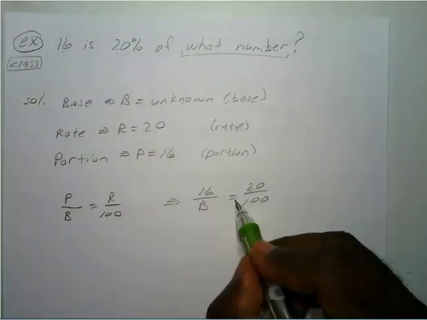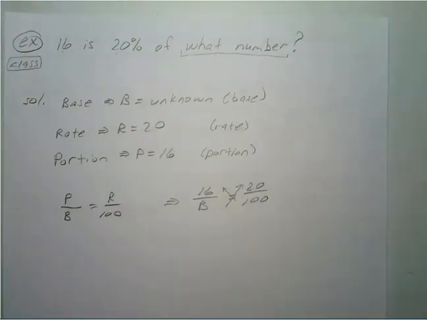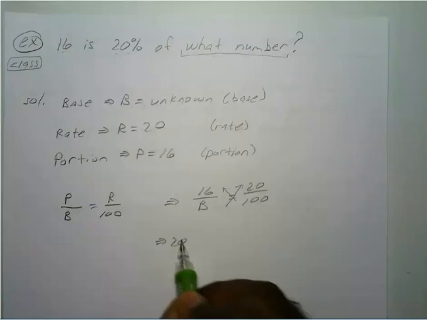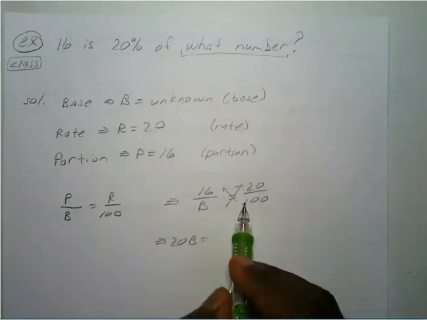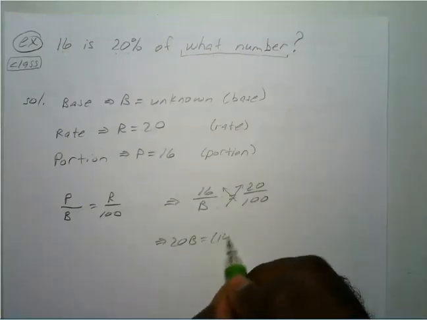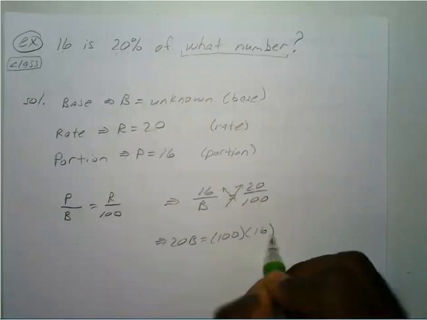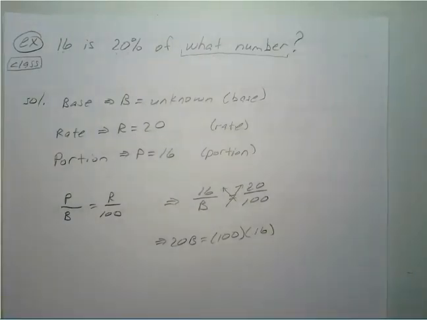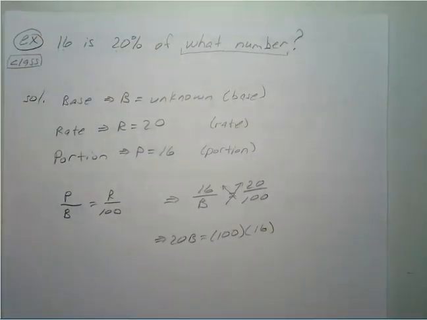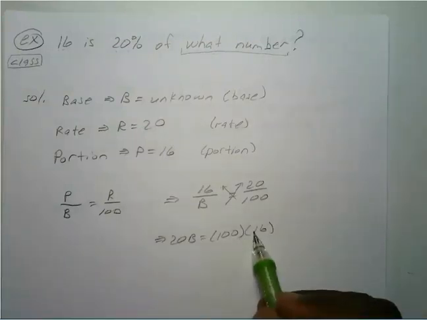And we go ahead and we cross multiply. So 20 times the base, or 20 times b, so we have 20b is equal to 100 times 16. Okay, so 100 times 16 is 1600.